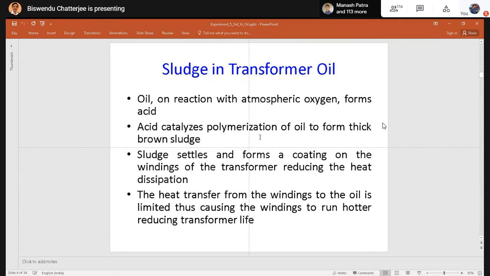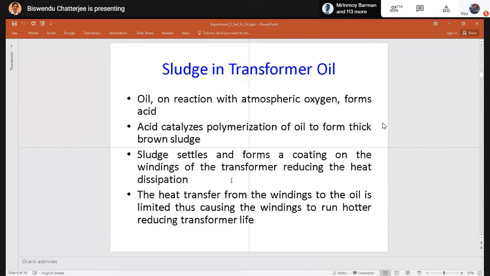The color is brown and the consistency is thick. It travels in the transformer, circulating with the oil. Now this sludge, by circulation, settles and forms a coating on the winding of the transformer. Now what happens?